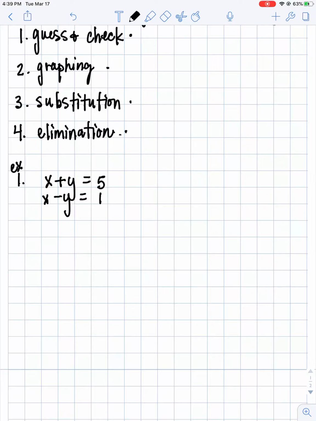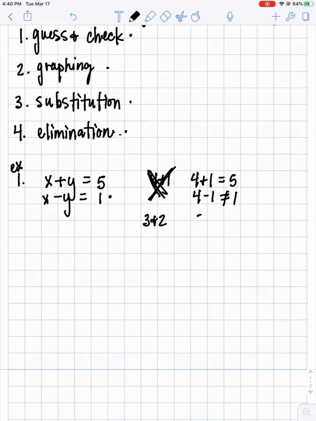So if you start thinking what numbers add to get 5, for example, 4 and 1. 4 plus 1 does give me 5. But according to the second equation, when you subtract the 2 numbers, you're supposed to get 1. And 4 minus 1, guys, does not equal 1, which means 4 and 1 are not the answer. So we guessed and we checked, and it did not work.